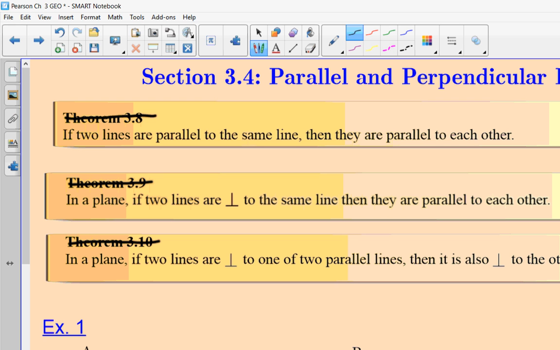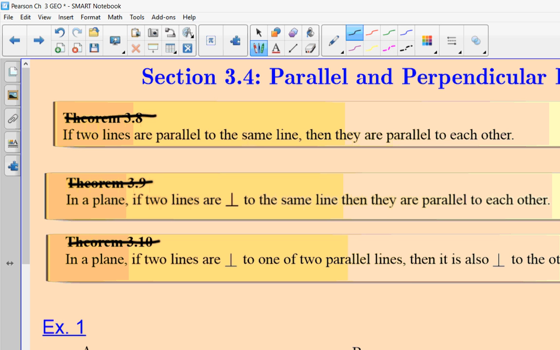So if I say that A is parallel to C and B is parallel to C, that's what the if part is in the theorem. If two lines are parallel to the same line, then the two lines are parallel to each other, okay? So that's what that one's saying.